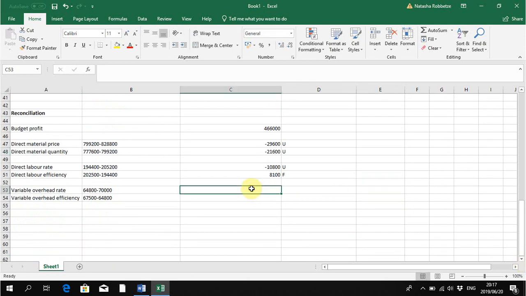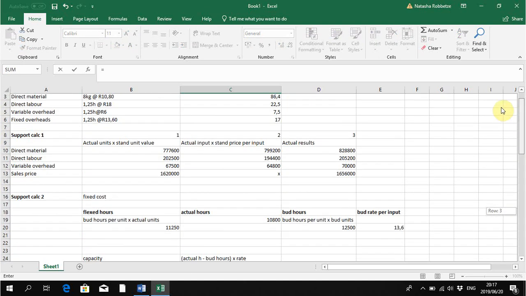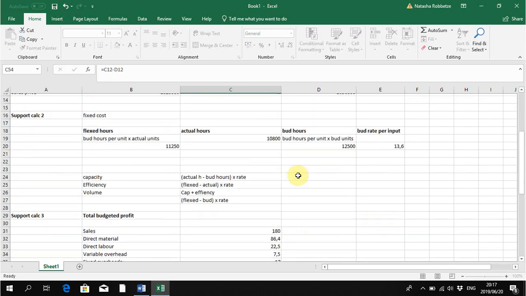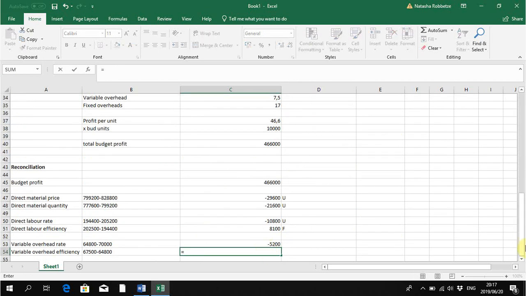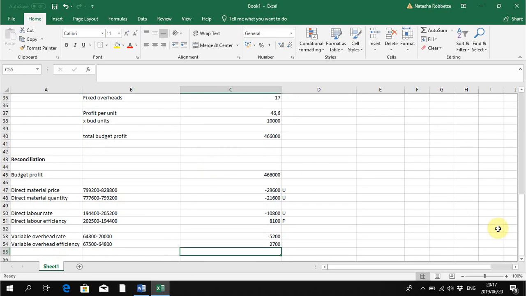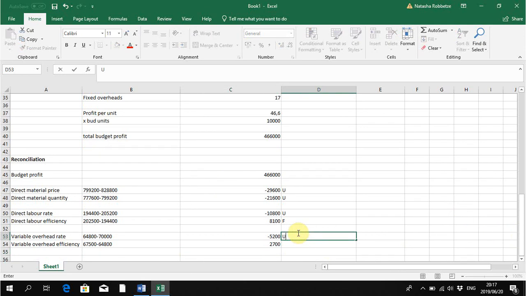Then for the variable overhead rate, again, it's this column minus that one. And for the efficiency, it's going to be this minus that. Again, I need to indicate it's unfavorable, and it is favorable.